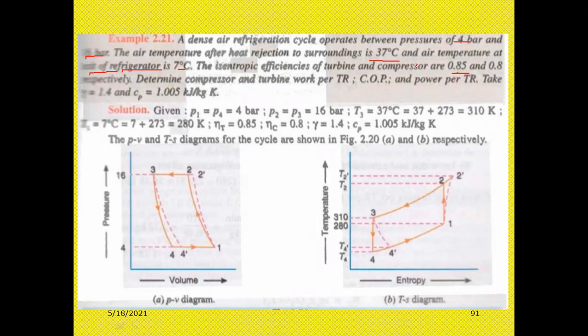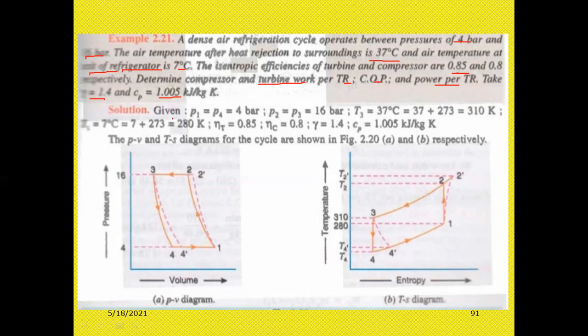So N compressor is 0.85 and 0.8 respectively. Determine the compressor and turbine work done per tonnage, COP, and power per tonnage, taking gamma is equal to 1.4, CP is equal to 1.005 kilojoules per kg Kelvin.